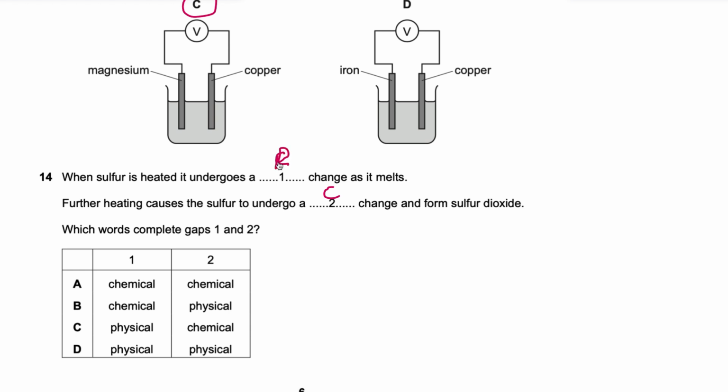If you heat sulfur as an element, first is physical change, as it melts. Then with further heating, this is where chemical change takes place, because it will react with oxygen and form a compound. So the most correct answer is C.